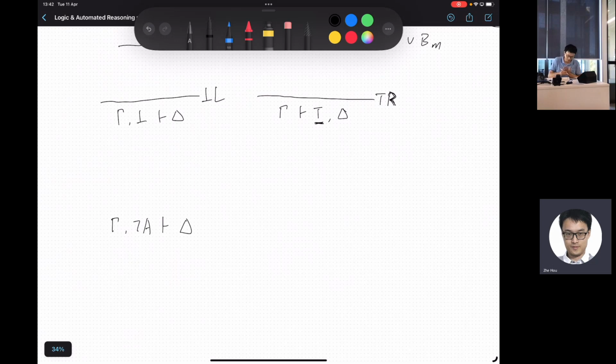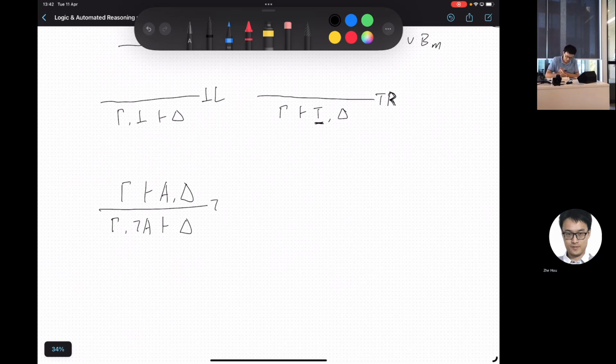What do we do with not A on the left-hand side? That's simple. We just move it to the right. Okay. As a sequence is everything on the left is true, everything on the right is false. So not A is true means A is false. So we just move it to the right. Okay, that's what happens when we have a negation on the left.